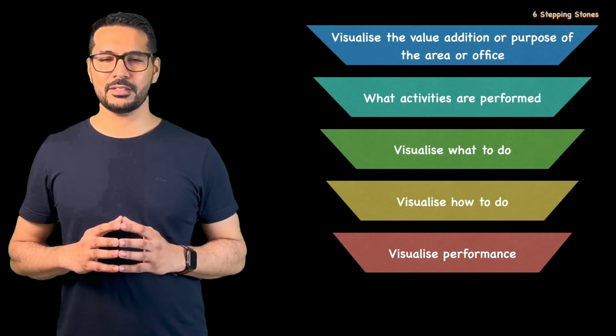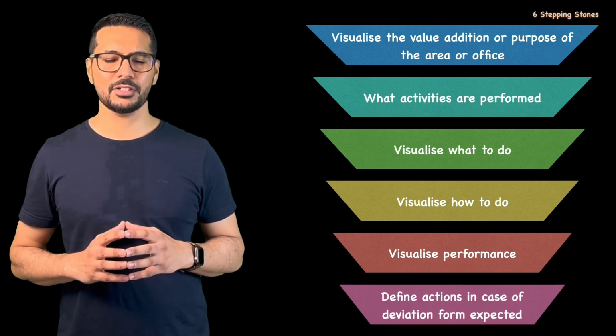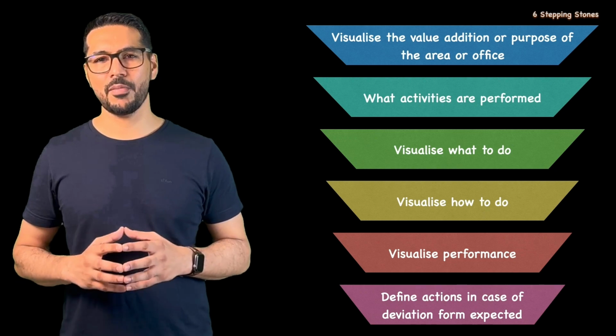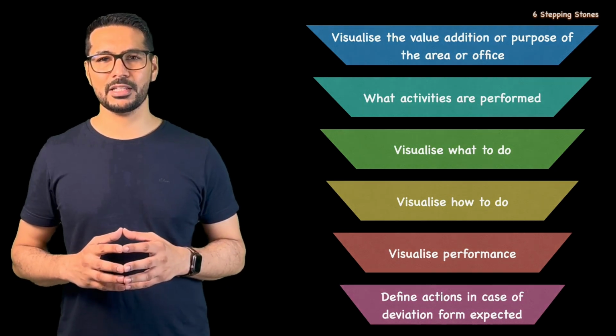And the last step for visual management implementation is to define the actions in case the current performance is deviating from the expected performance. So let's see all these six steps in more detail and see how we can visualize them.